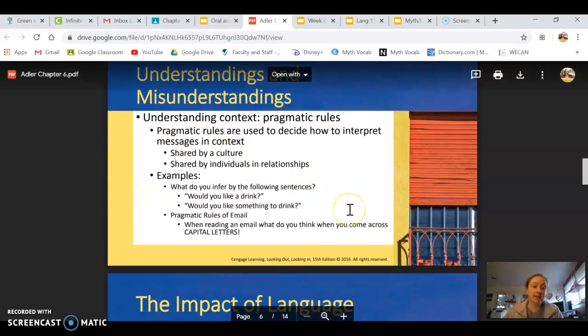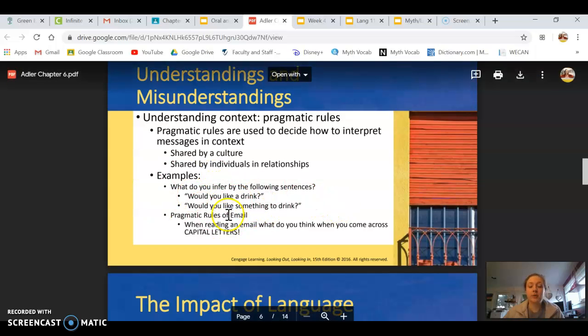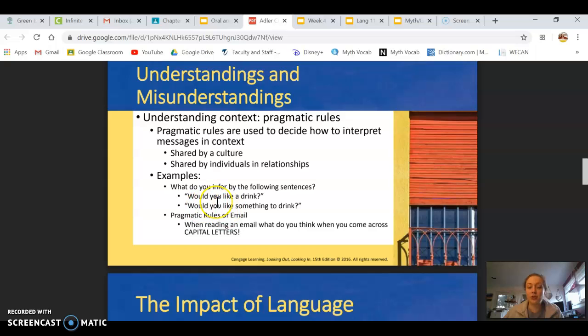So, understanding context. Pragmatic rules. Pragmatic rules are used to decide how to interpret messages in context. So that's usually shared by a culture or shared by individuals in a relationship. So, examples. What do you infer by the following sentences? Would you like a drink? Would you like something to drink? So we infer by these pragmatic rules, would you like a drink?